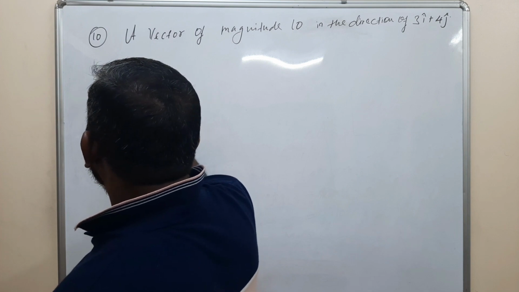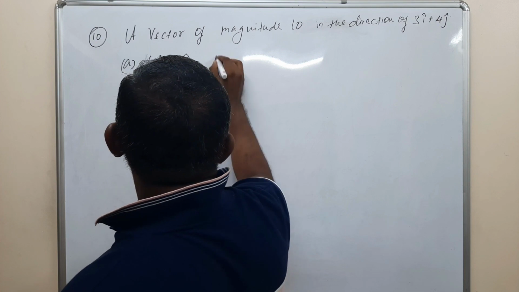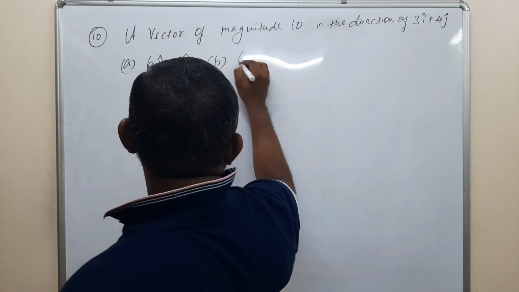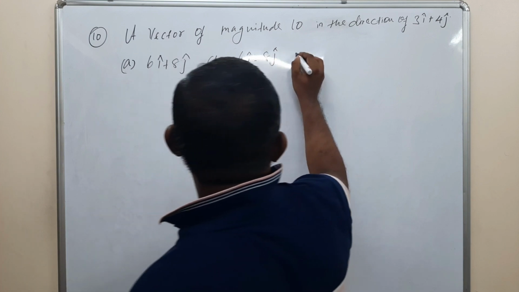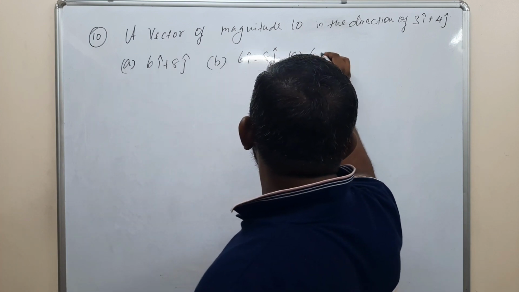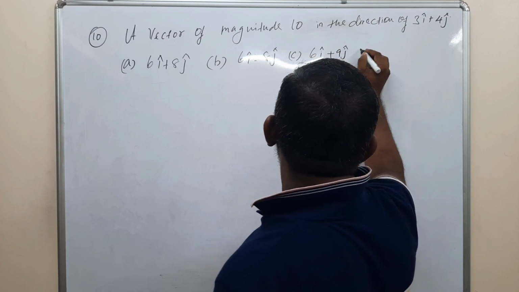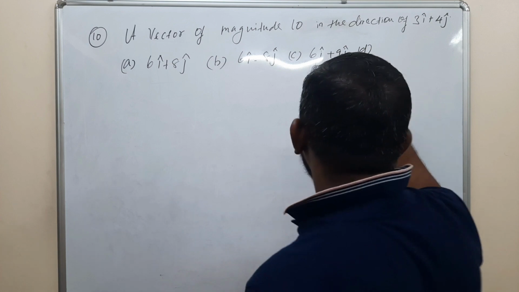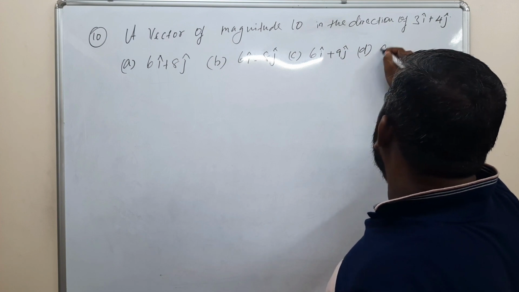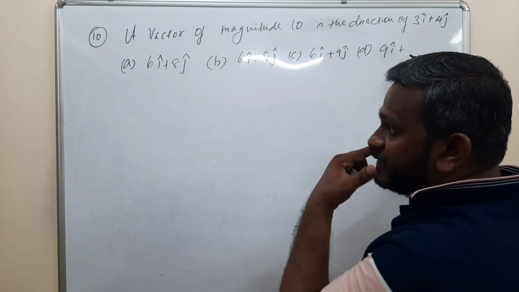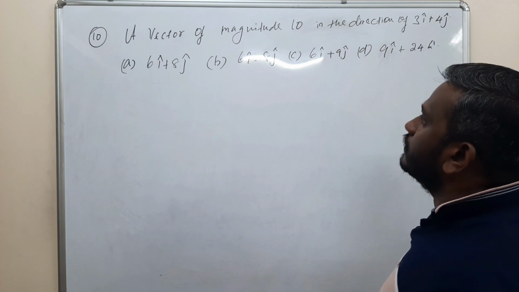Option A 6i cap plus 8j cap. Option B 6i cap minus 8j cap. Option C 6i cap plus 9j cap. Option D 9i cap plus 24k cap.